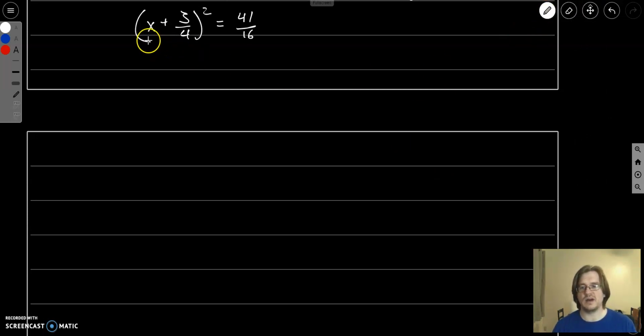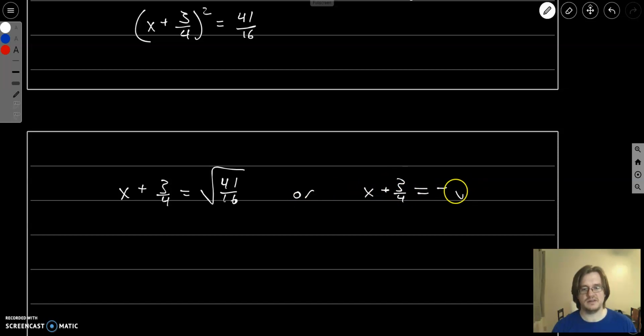Again, to solve this, we'll use the square root principle, and say that if I have something squared equal to 41/16, that something is going to be equal to either plus the square root of this number, or it'll be equal to negative the square root of this number.